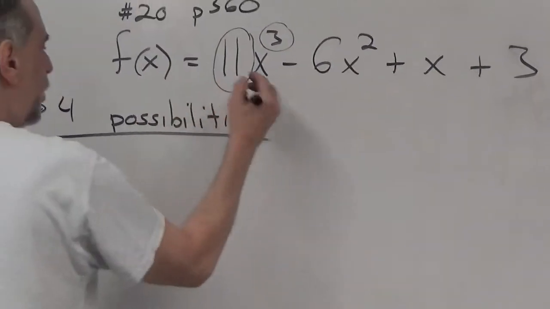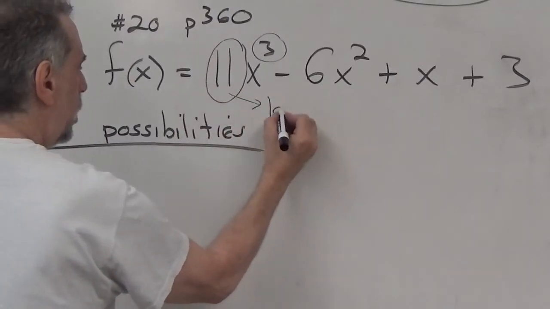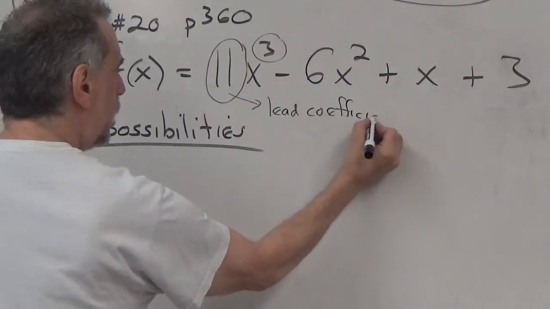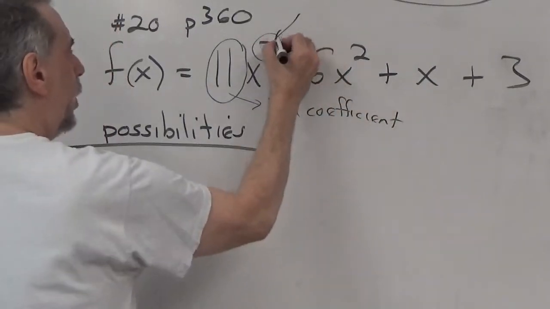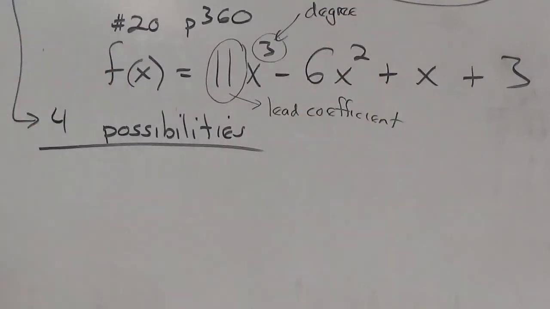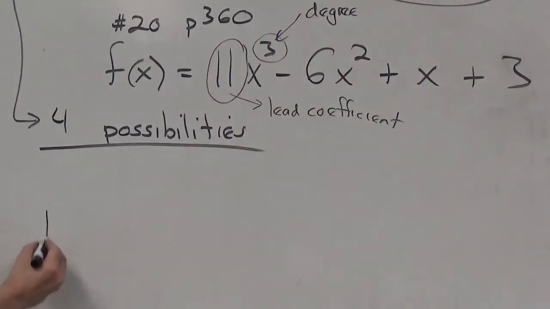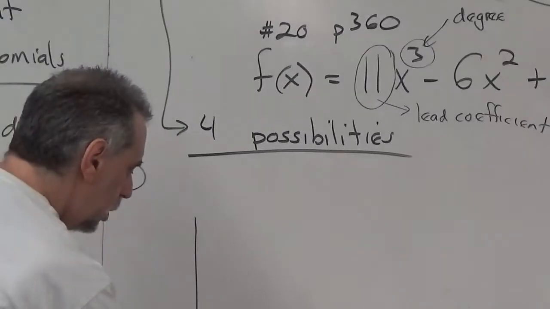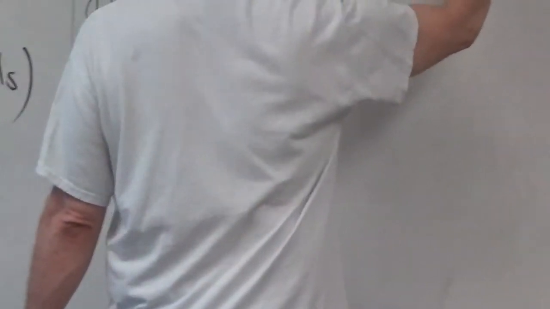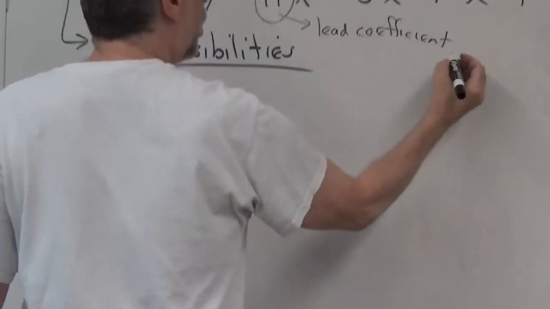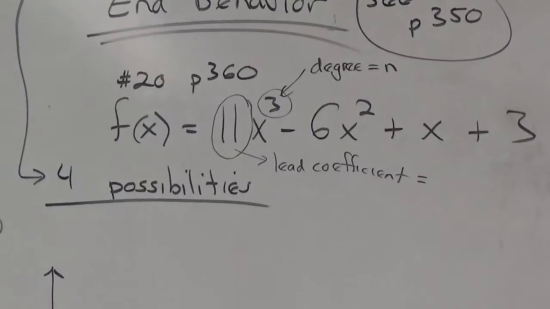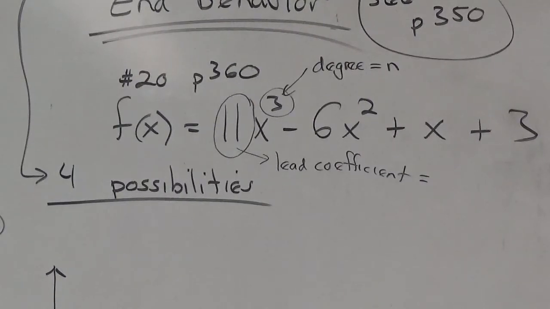Right? So lead coefficient and the degree. All right, so we'll look at each of the 4 cases. So let's call the degree n, and we'll call the lead coefficient a sub n, just trying to be consistent with the book.